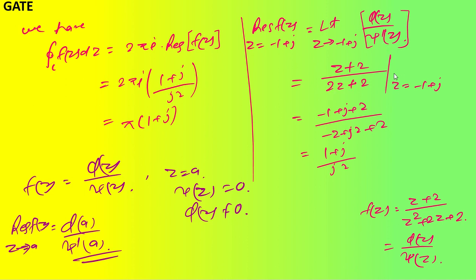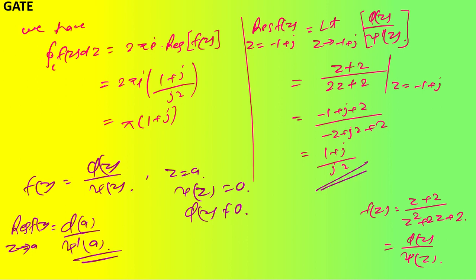Just put z equal to minus 1 plus j. So it is going to be (minus 1 plus j plus 2) divided by 2 times (minus 1 plus j) plus 2, which is minus 2 plus 2j plus 2. So this is going to come up as (1 plus j) divided by 2j. So this is the residue that we have.